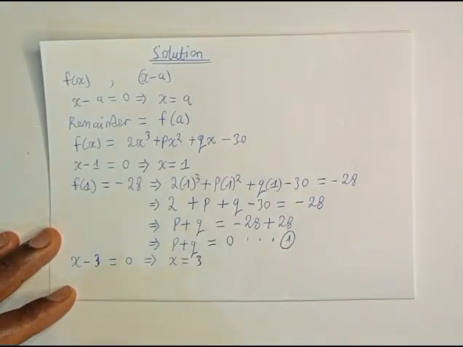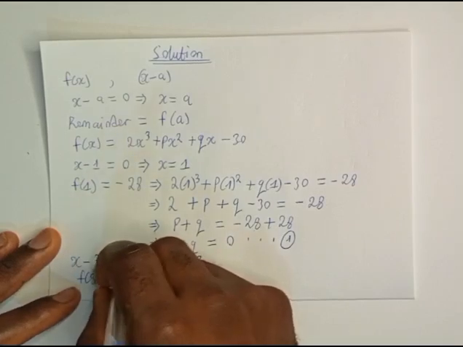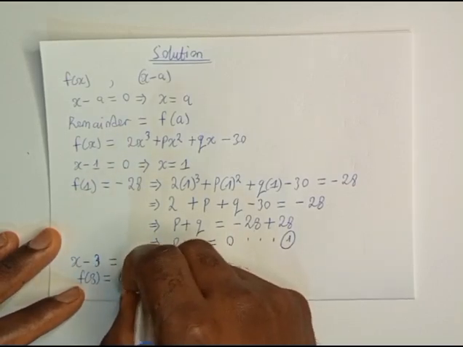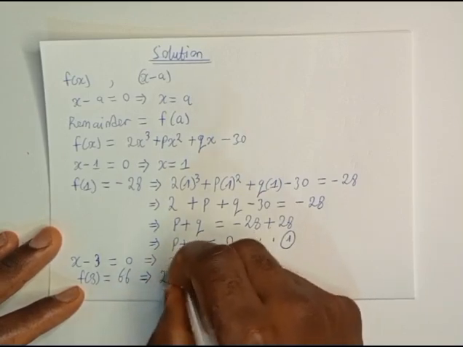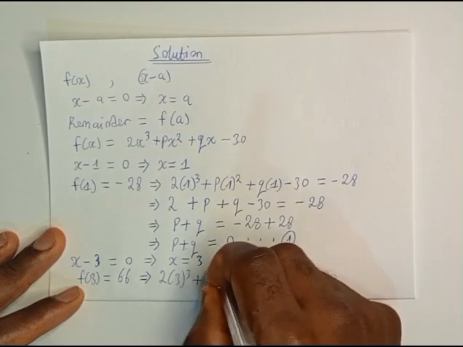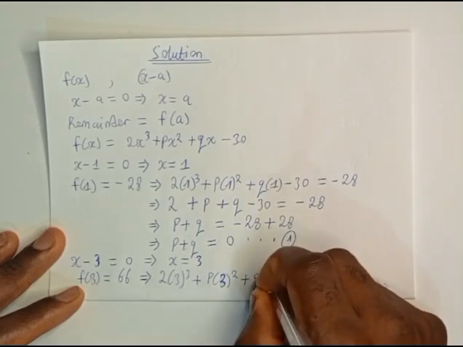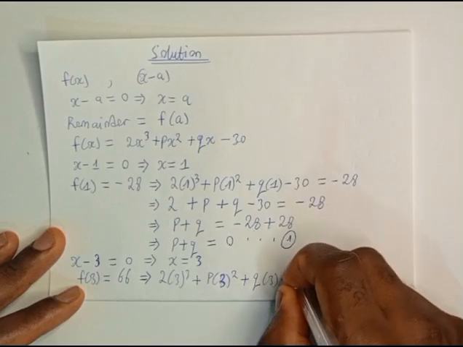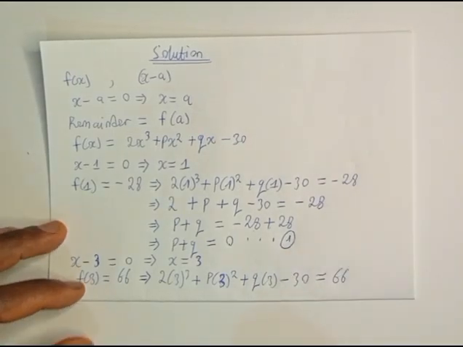We have to find f of 3, and f of 3 will be equal to the remainder, which is 66. This will imply that 2 times 3 cubed plus p times 3 squared plus q times 3 minus 30 is equal to 66.